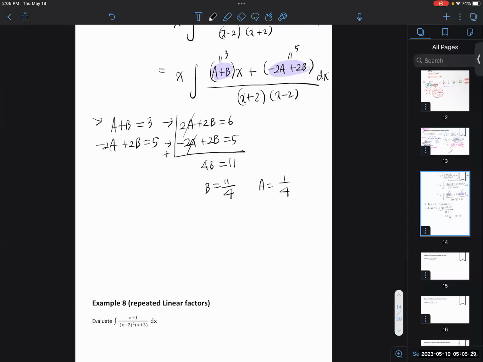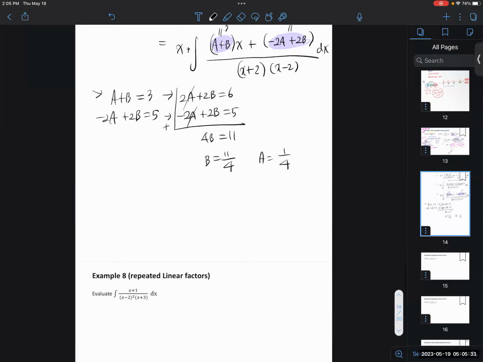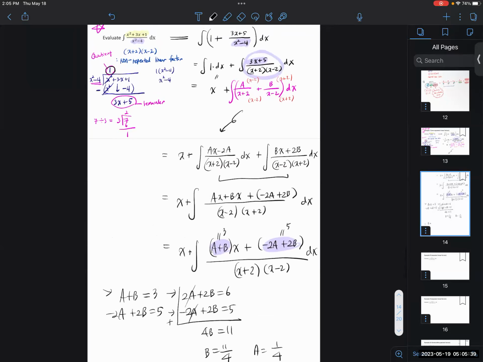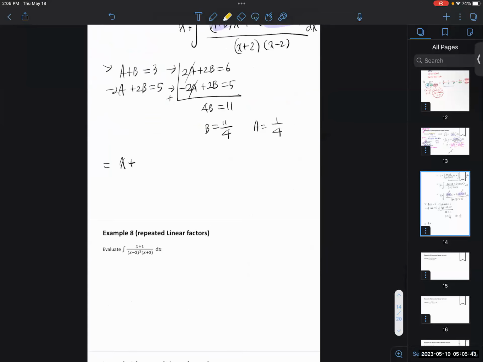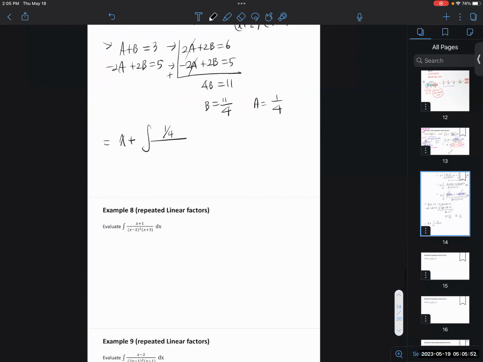So we found the partial fractions. Finally, x plus, we have all the partial fractions. These are the partial fractions, so I'm going to plug in. Integral of 1 over 4 over x plus 2, and then integral of 11 over 4 over x minus 2.